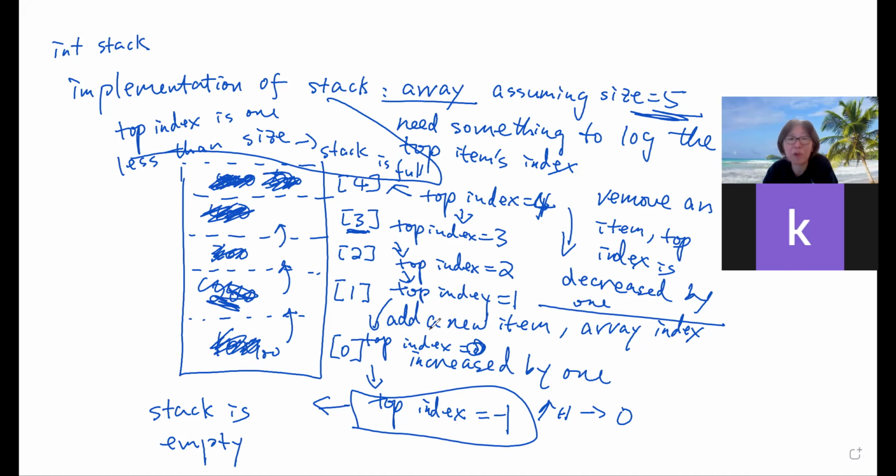Whenever we add, the top index is incremented by 1, and the corresponding array item is assigned the item. When we remove, the top index is decremented by 1. But how are we going to clear the array item? Basically, there is no way.